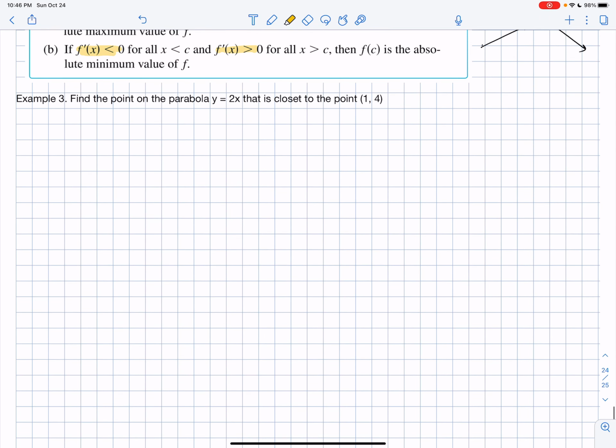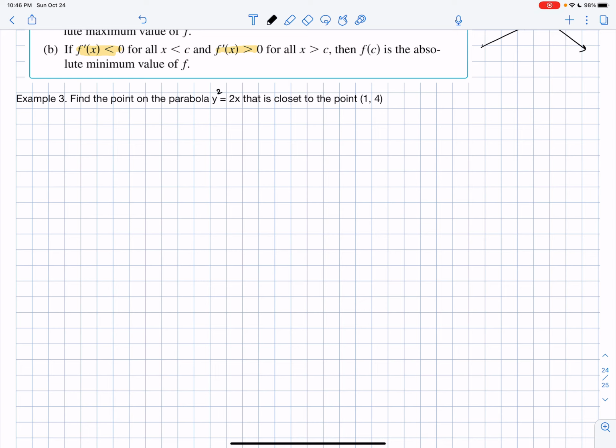Example number 3. Find the point on the parabola y squared equal 2x that is closest to the point (1, 4). So we want to minimize the distance of any point on the parabola. This parabola is open to the right, to the point (1, 4).